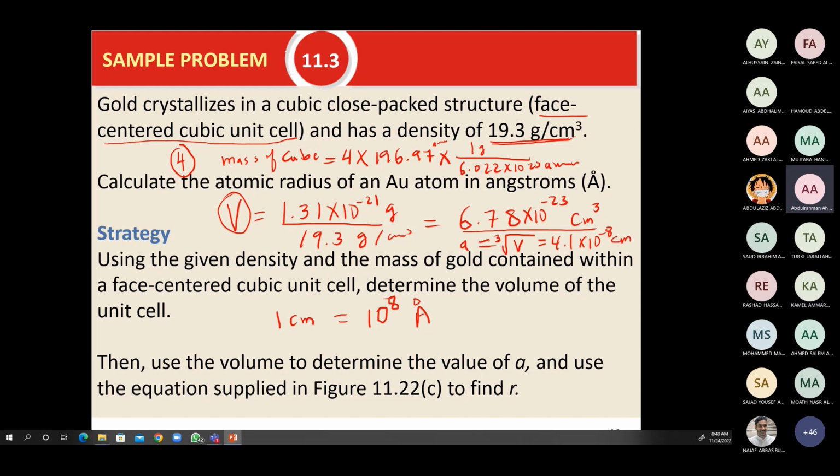Now, change it to angstrom. Exactly. Times 10 to the power plus 8, it will be 4.1 angstrom.